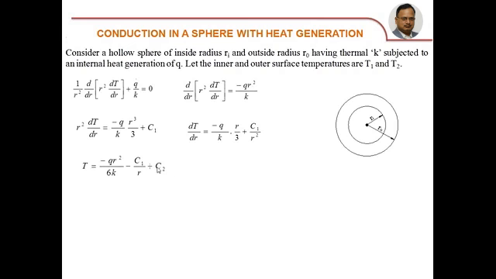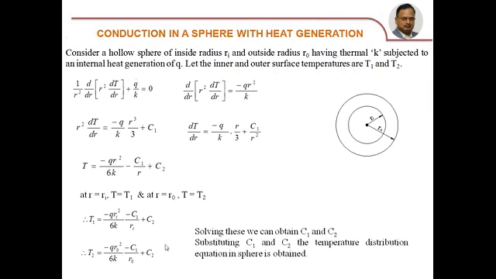Again, two unknowns are there, C1 and C2. By applying the boundary conditions at r equal to ri, T equal to T1 and at r equal to r naught, T equal to T2, you will get C1 and C2 by equating them. You will get the temperature distribution equation in a sphere.